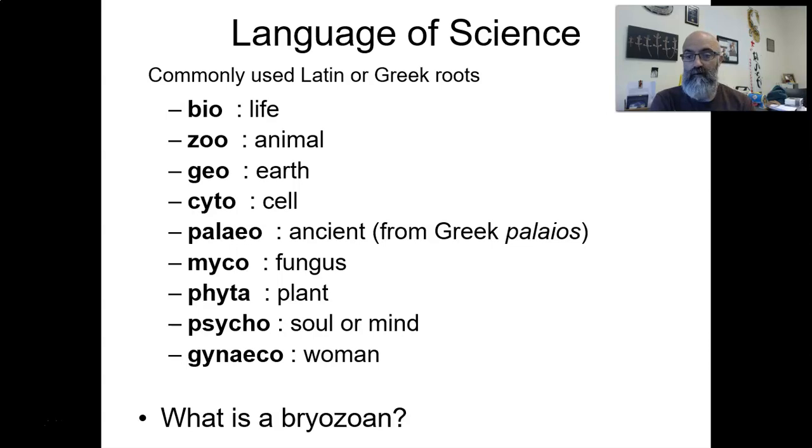Like, for example, a bryozoan: if you know that bryo means moss in Latin, and that zoa or zoology means animals, then you could see that word and come up with a prediction that it's going to be some kind of mossy animal, which is exactly what it is.